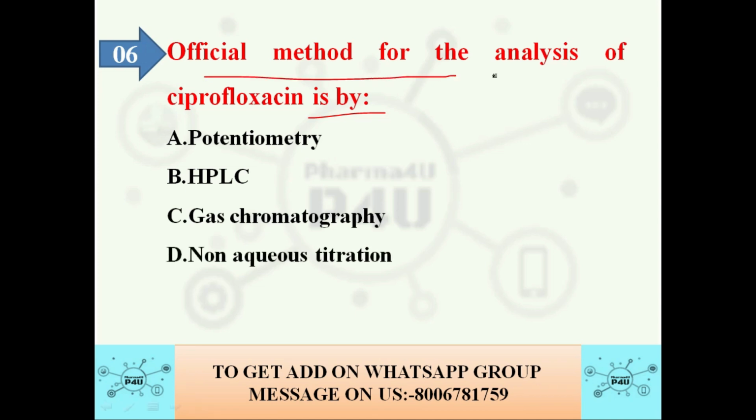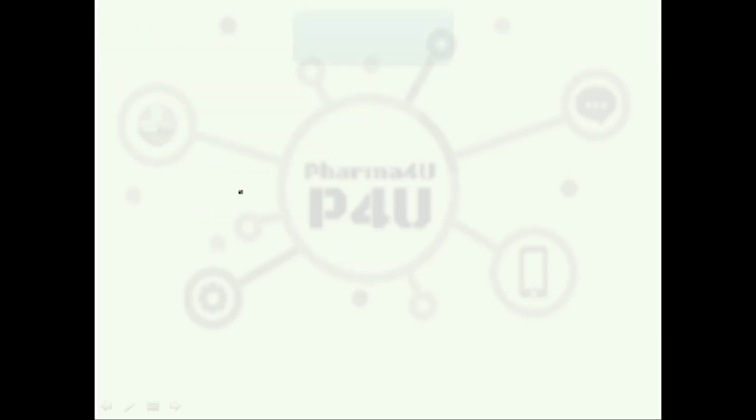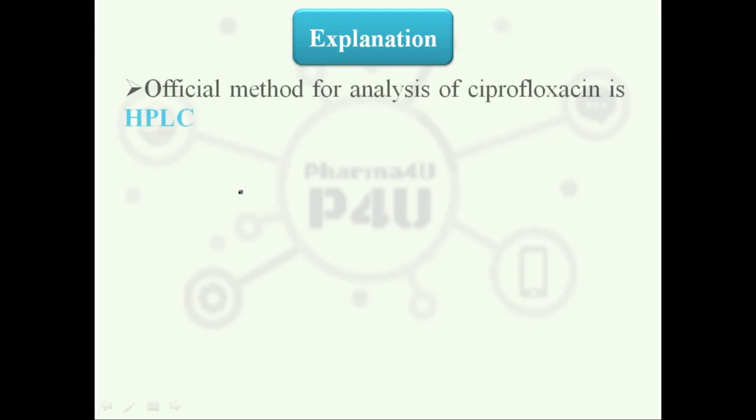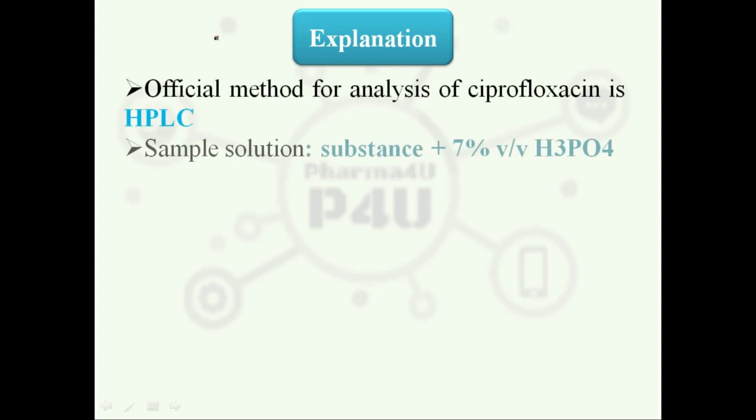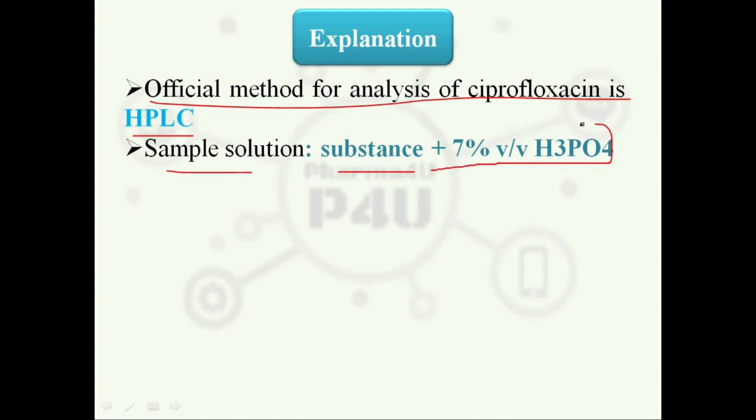So the official method for the analysis of ciprofloxacin is by HPLC. Here we have just an explanation on this: the official method of analysis of ciprofloxacin is HPLC, and the sample solution is substance plus 7% volume by volume H3PO4.